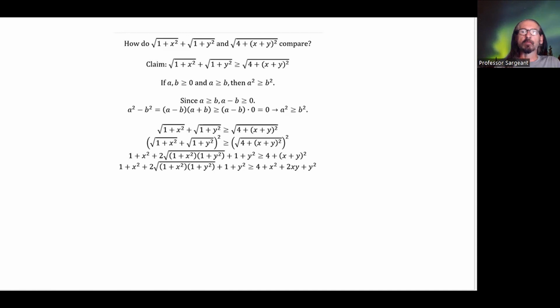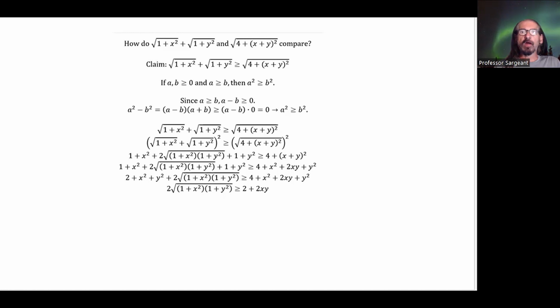So next, I'm going to combine like terms on the left, and the only like terms I can combine are the two ones. I will then subtract 2 from both sides, x squared from both sides, and y squared from both sides. Again, since we're not multiplying or dividing by a negative, that's not going to change the direction of the inequality symbol.